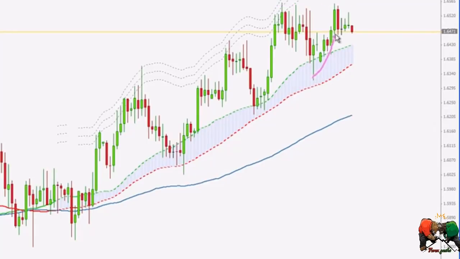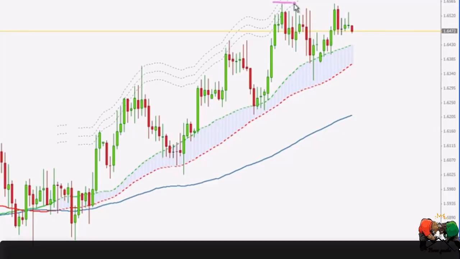Do you see how in this last swing up, on the last bounce, price failed to take out the previous swing high, the previous resistance point? We didn't take off for a whole new swing such as we did here, taking out the previous swing high, or such as we did here. Price simply failed to score new highs.